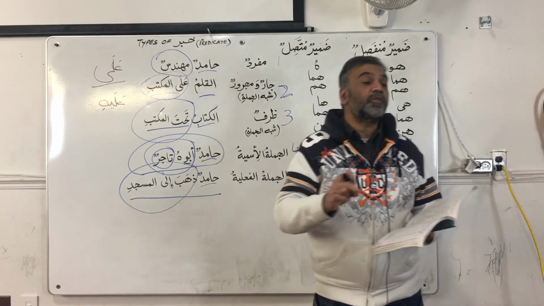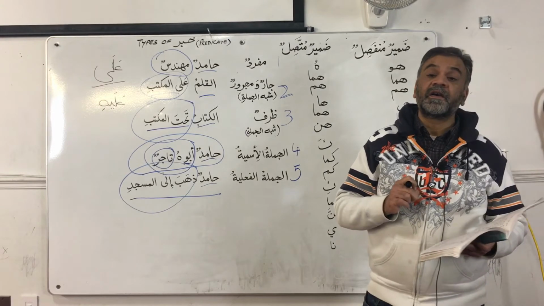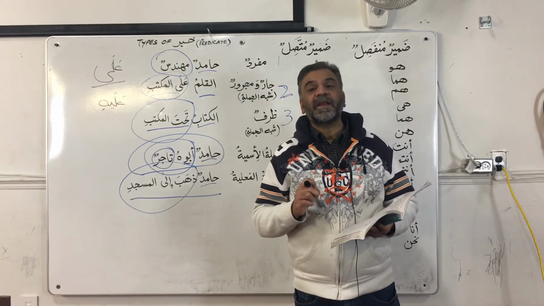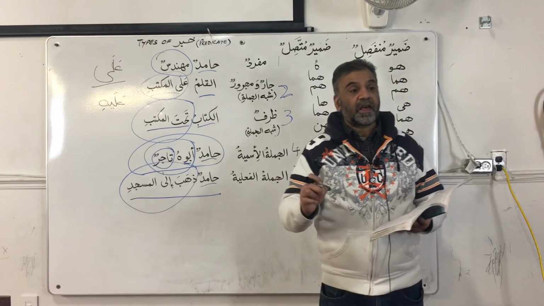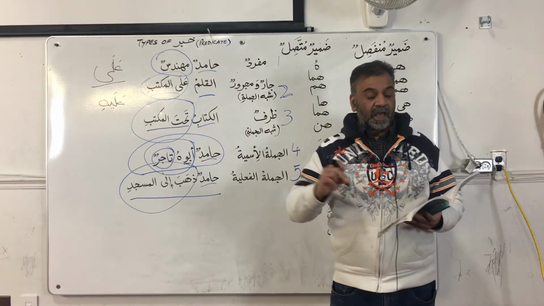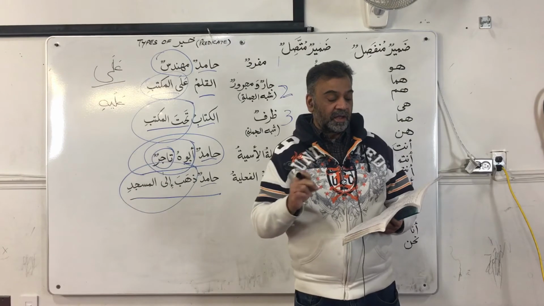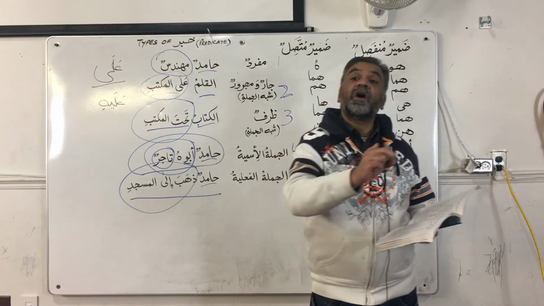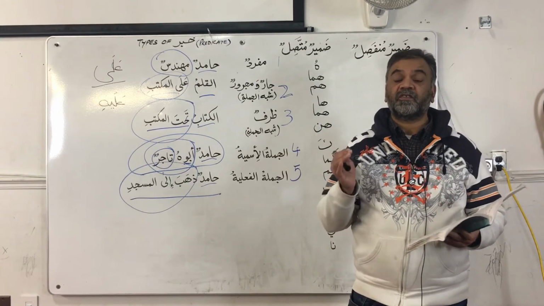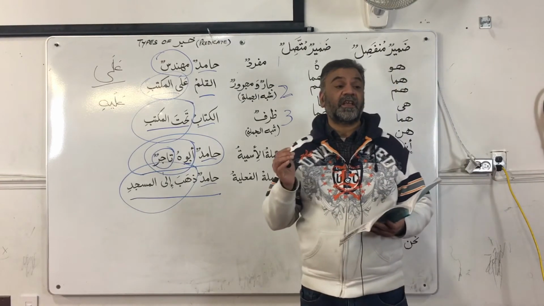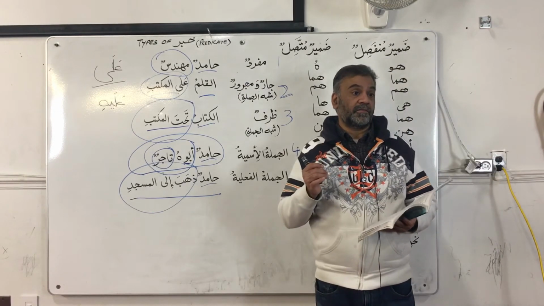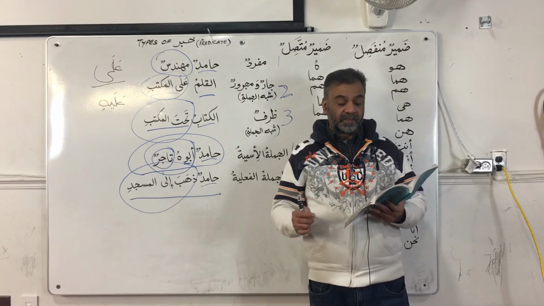Haza kitabuha, right? Sarirun, sarirun means bed. Haza sariri, haza sariruka, haza sariruhu, haza sariruha. And we know the meanings, and they are all nominal sentences, and they all have mubtada, and then they all have khabar, right? We can easily analyze them.